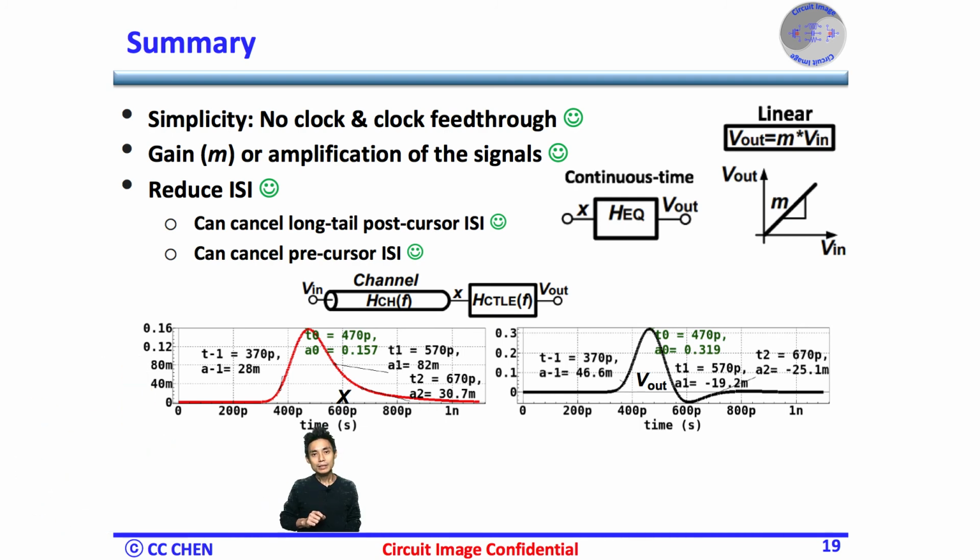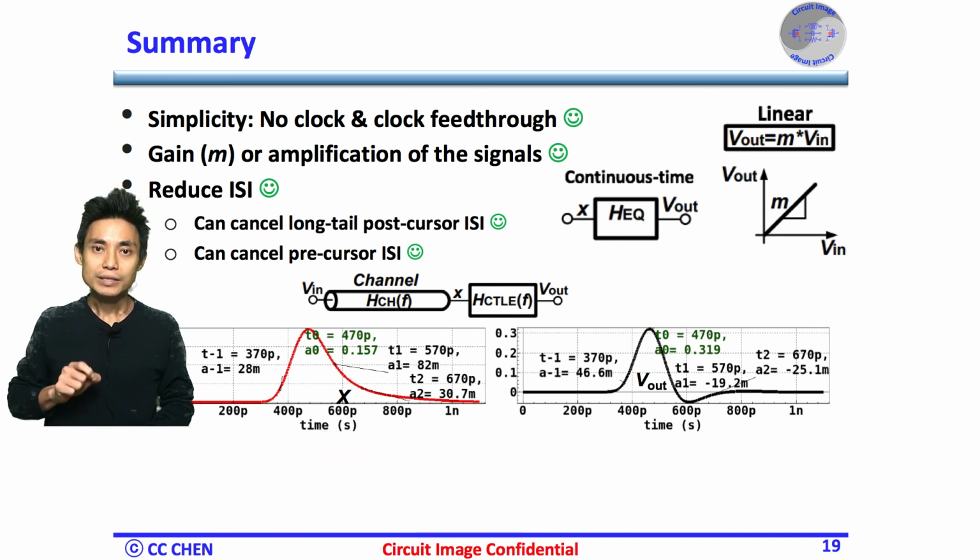In the time domain image, the CTLE's single pulse response also shows you that the CTLE can cancel not only the precursor ISI, but also the long tail postcursor ISI, and those are the strengths of the CTLE compared to other equalizers.